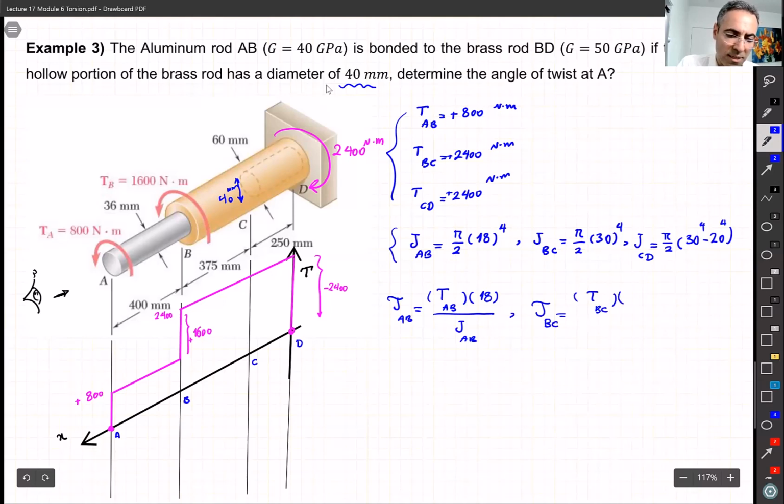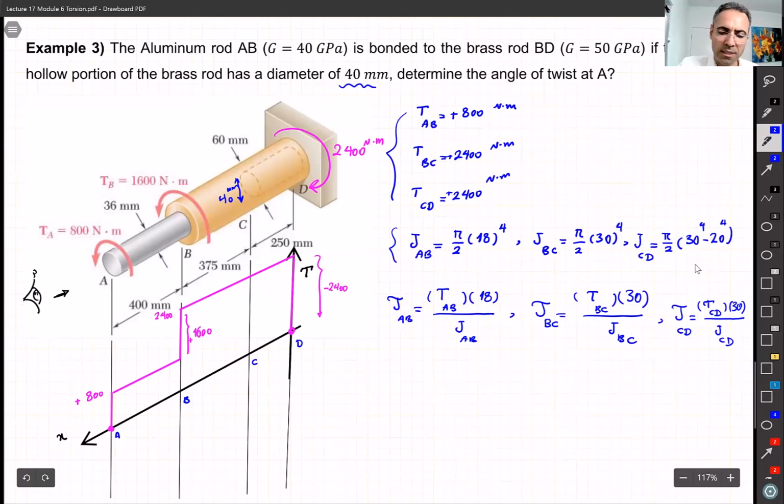Its radius, which is 30 divided by JBC. And eventually stress in CD is gonna be TCD. Its radius, 30 divided by JCD, right?